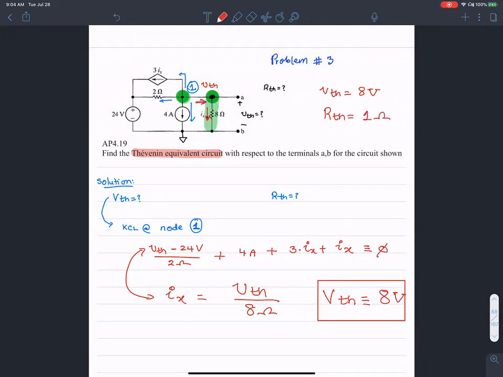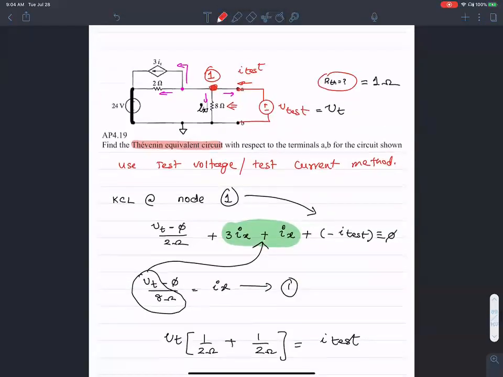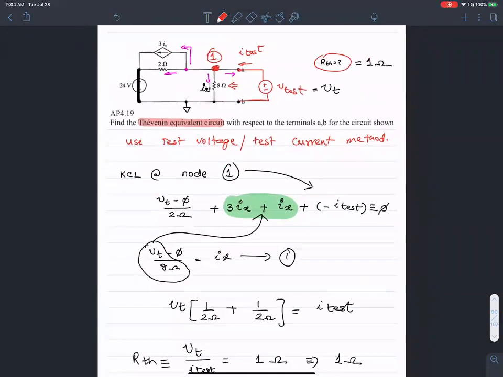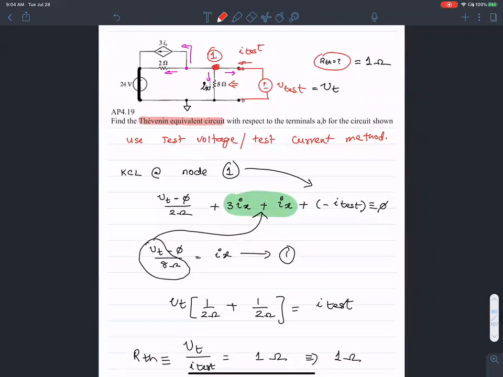How did I find R Thevenin? By applying a test voltage, test current method, and then it's a matter of simplifying these equations. In other words, apply a test voltage, test current, and set up KCL.